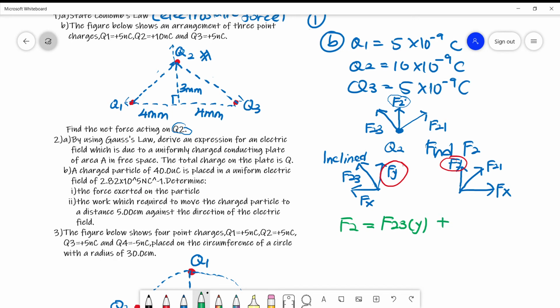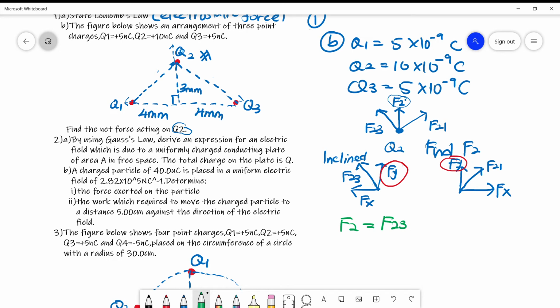So let me just write it more accurately. This is F23, so what we need is the vertical component of the F23.